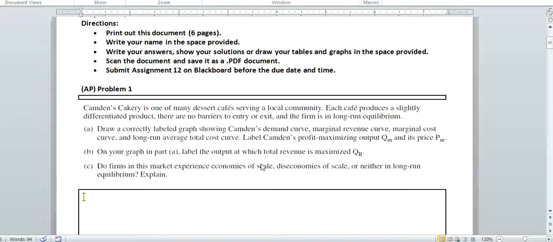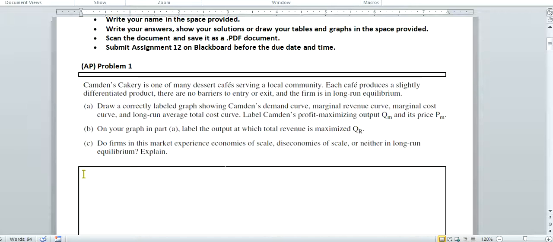We also want to show where total revenue is maximized at QR. So where are we earning our maximum total revenue? Okay, and then we want to answer the question: Do the firms in this market experience economies of scale, diseconomies of scale, or neither in long-run equilibrium?